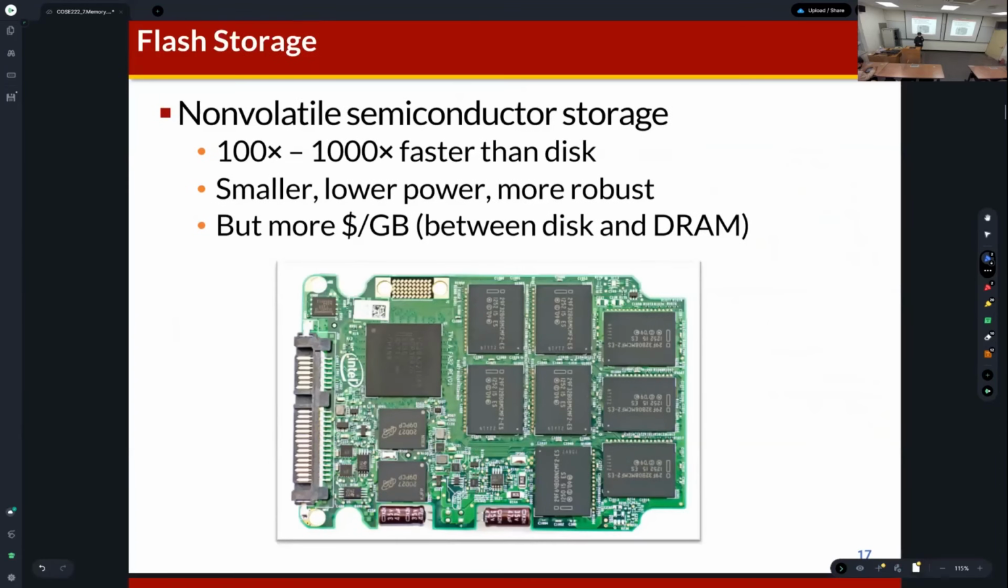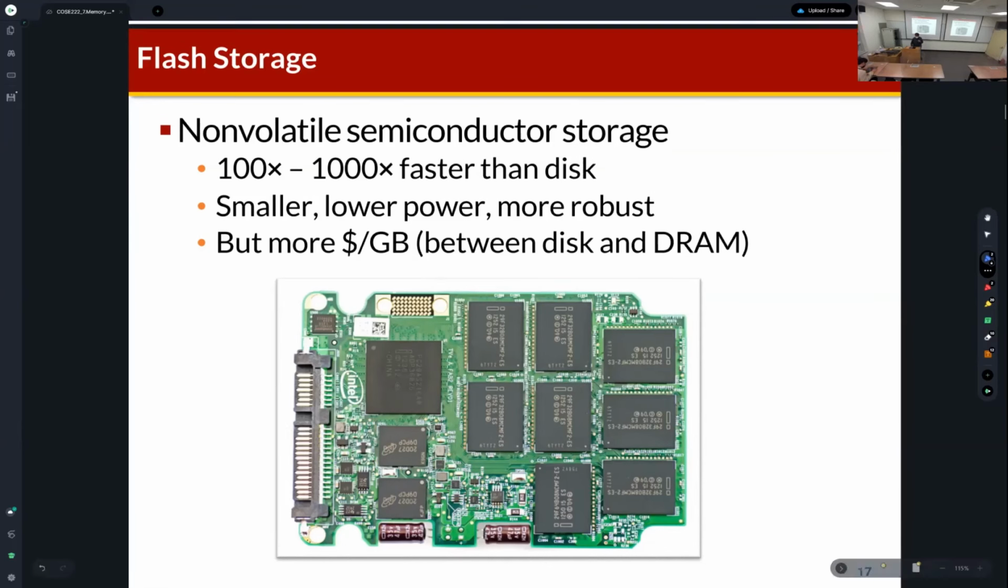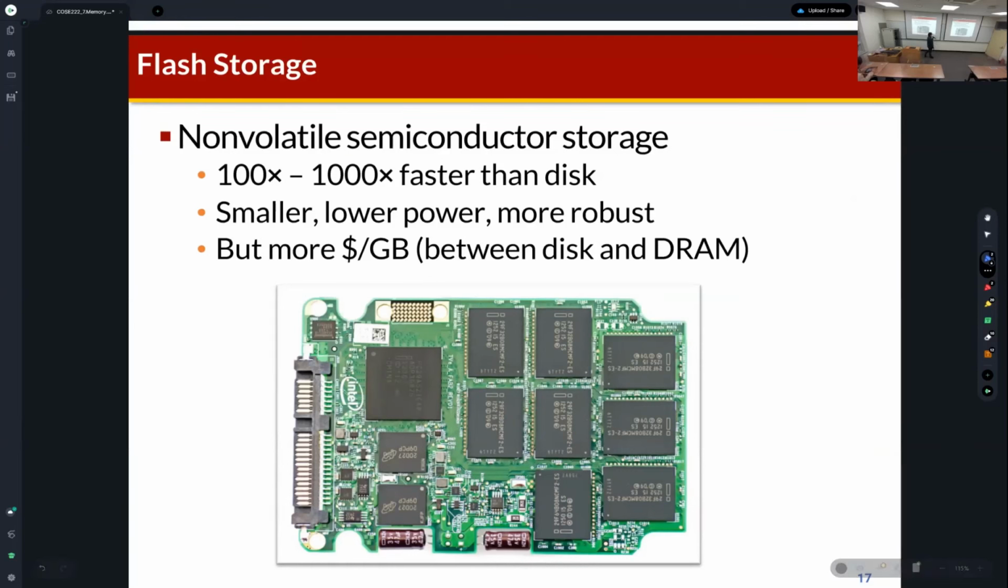And I will also explain about flash storage. Recently we use flash memory as the medium of the storage device. If we use flash memory as the medium of storage, then this storage is called a solid state drive, like SSD.